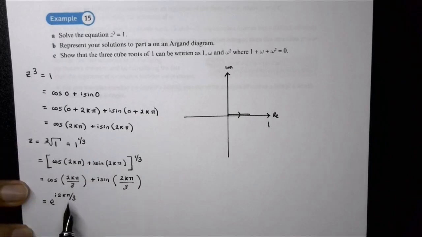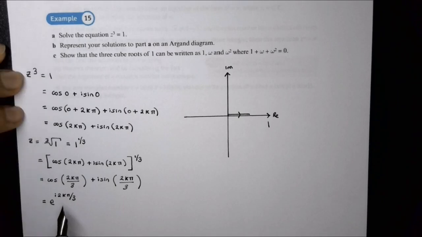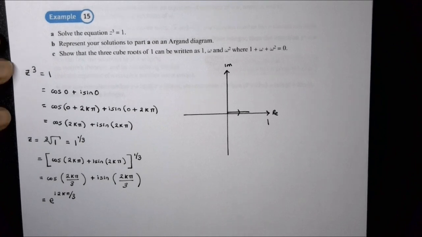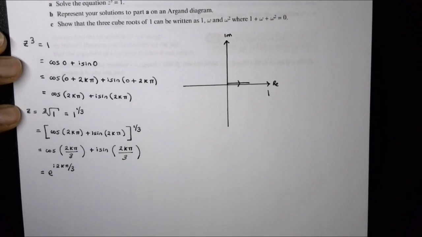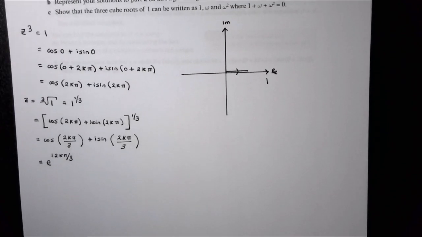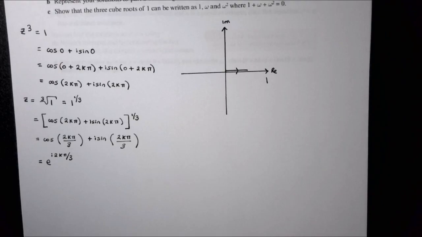Now, different values of k will give different roots, and the question is, which values of k do we choose? The idea is over here, we need to choose different values of k.